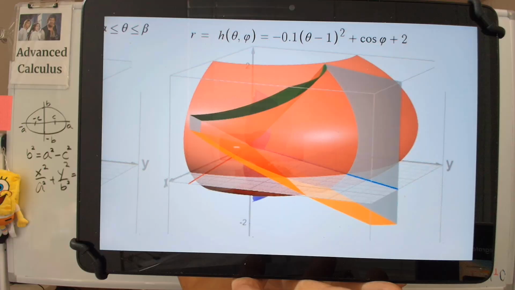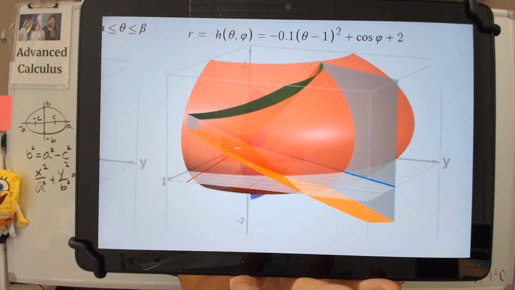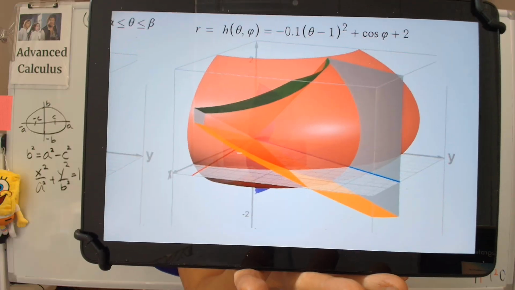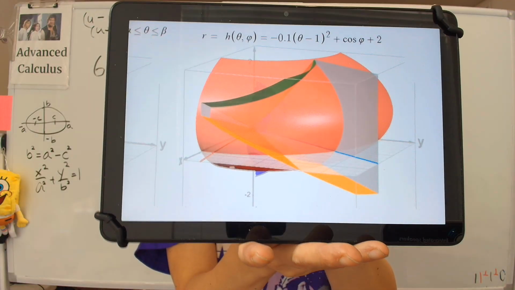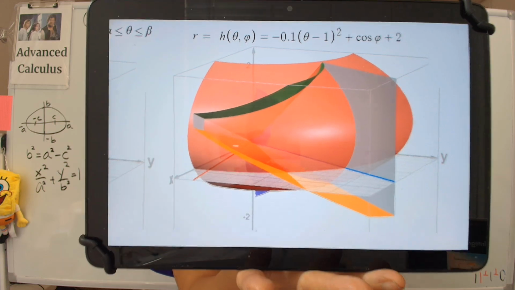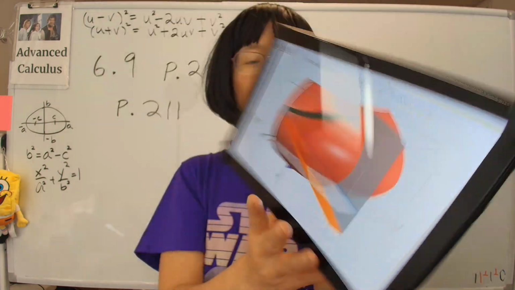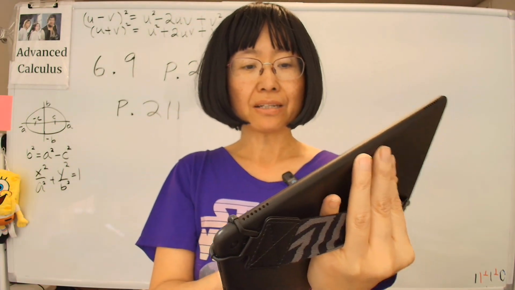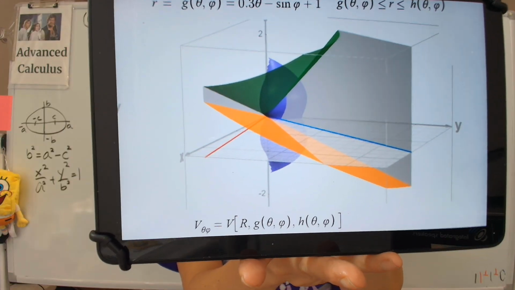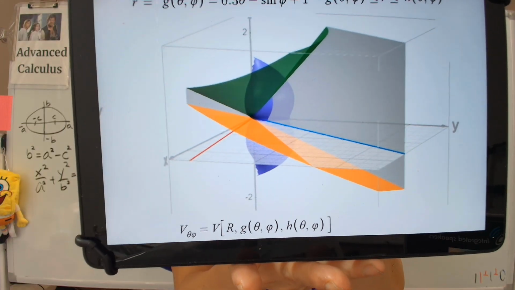It has radial lines going towards the origin, and it stops at the small g function in there, and then it goes out until it hits the orange function on top. That's h, which is again the small function. The small g is the blue function, and towards the end there you can see only a little bit.